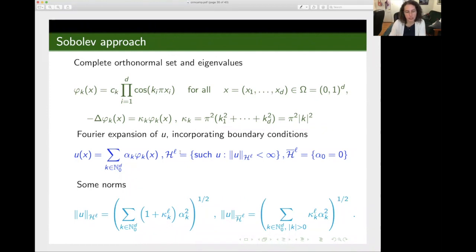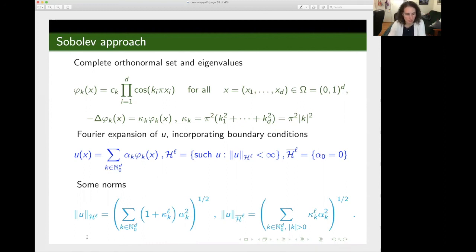And so when I refer to H^l, what I mean by that is the u such that the u written in this form has the H^l norm less than infinity. And when I refer to H^l bar, what I mean is I'm going to assume that alpha 0 is 0. And that means that in addition to incorporating the boundary conditions into my setting, I can also be incorporating my conditions on mu, so this is a condition where I'm able to convert the mass into a parameter rather than being part of the equation.